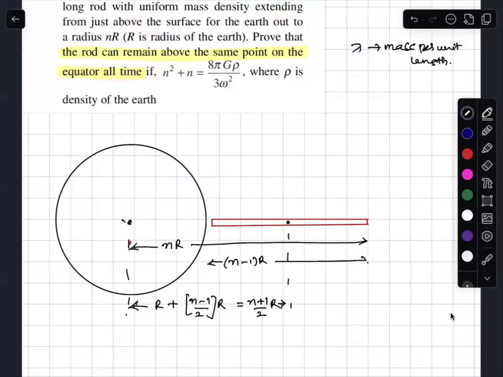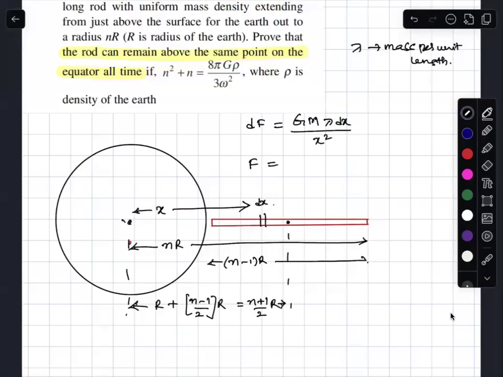Right. Now you take an element here, a small element dx, at a distance x from the center. This element will experience a force G M lambda dx by x square. Due to the gravitational pull, a small element experiences this much force.